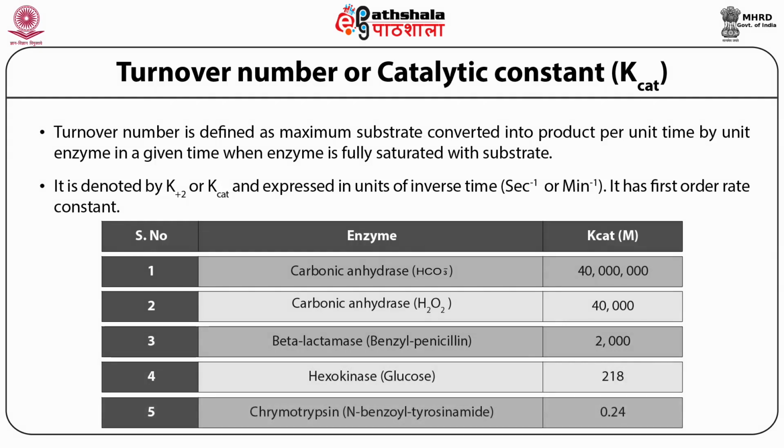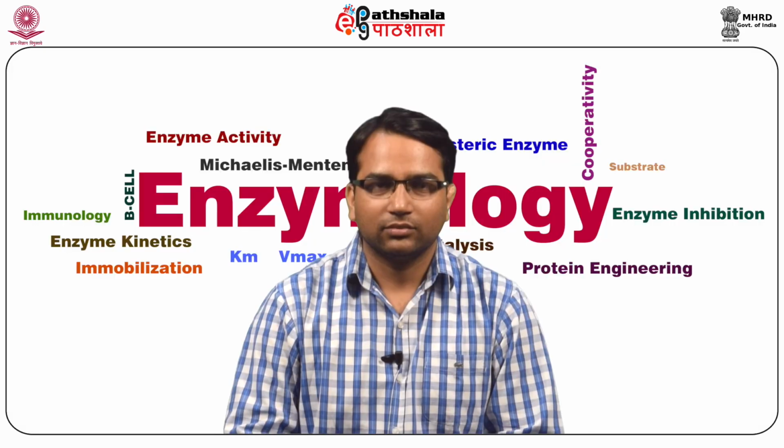If you see all the kcats, you can say that chymotrypsin is very slow in converting the ES complex into the product. At the same time, carbonic anhydrase is very fast in converting the ES complex into the product.